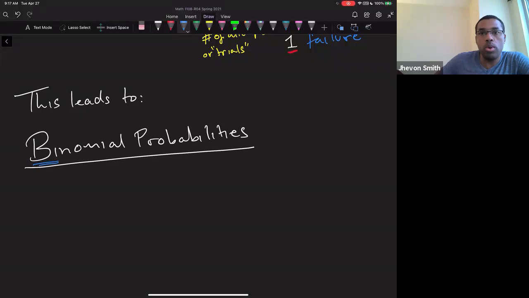And the ways that we're talking about here is success and failure. There are a lot of times when there are really only 2 types of outcomes that you care about. Did we achieve a certain result or did we not? Yes or no, on or off. That leads to something called binomial probabilities in a very specific situation.